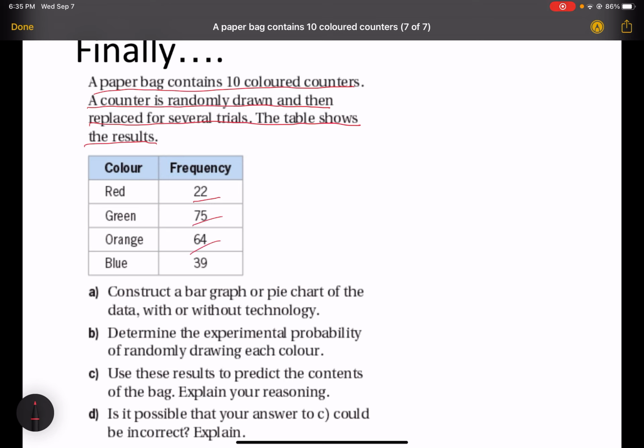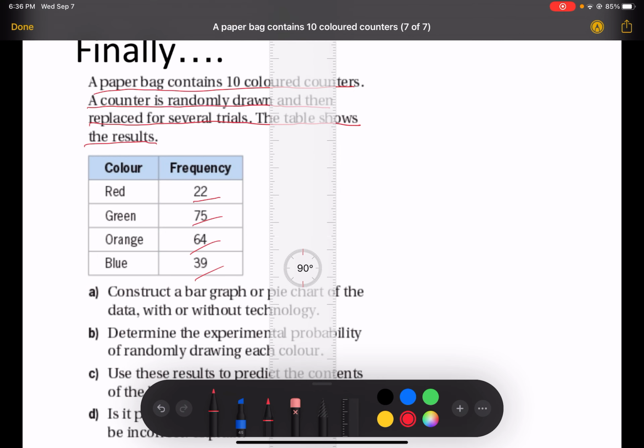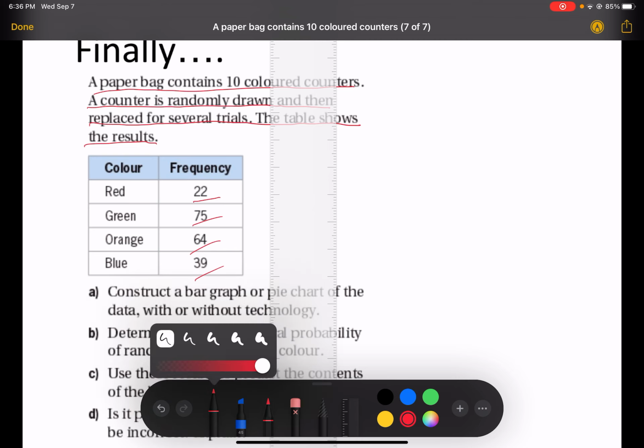Let's go ahead and draw a bar graph. The easiest way I can think of to do this is to just use these numbers right here. Okay, we got this. And now we're going to do red happened 22 times.